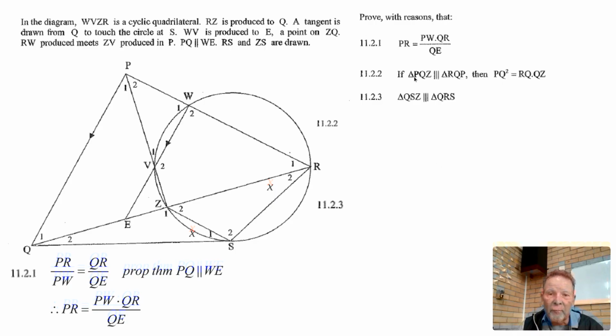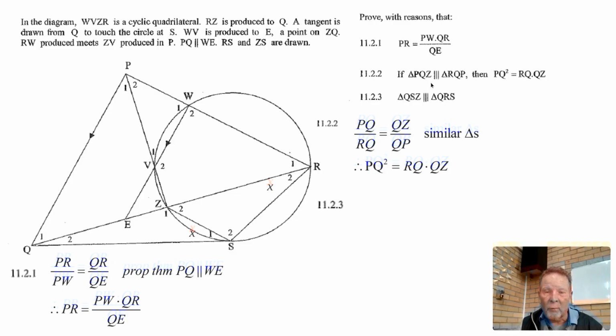And then it says, if PQZ, now you use this later on, and you often do in these questions, if this is similar, prove that PQ squared equals RQ times QZ. Well, this one's dead easy, because if they're similar, PQ goes with this QZ, and we just make the ratios, just match up the letters.